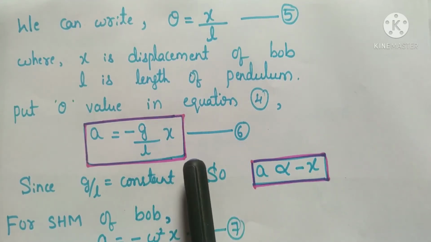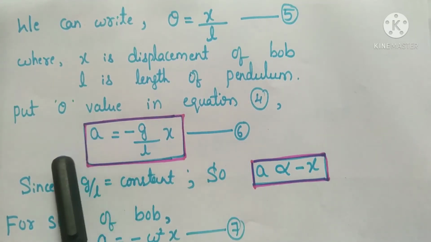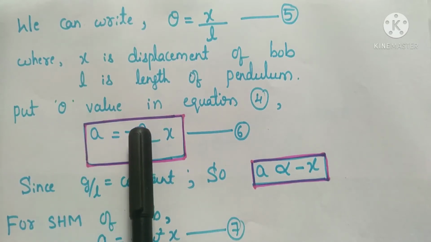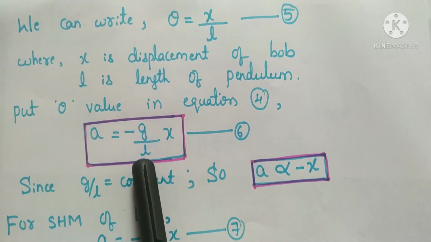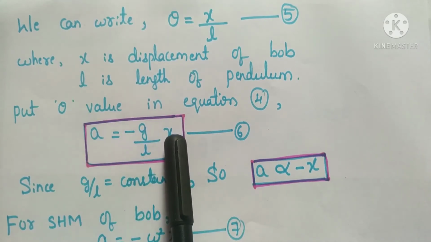In this equation, a is the acceleration, g is the gravitational constant, L is the length of the string, and x is the displacement.